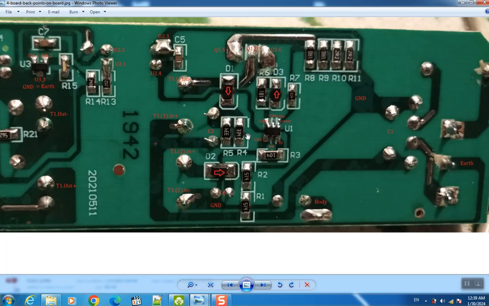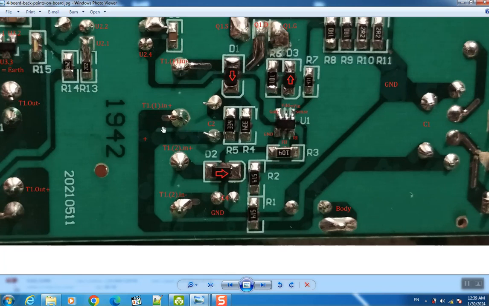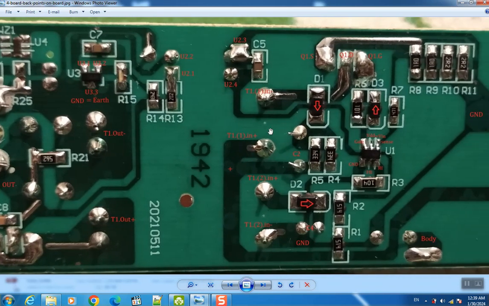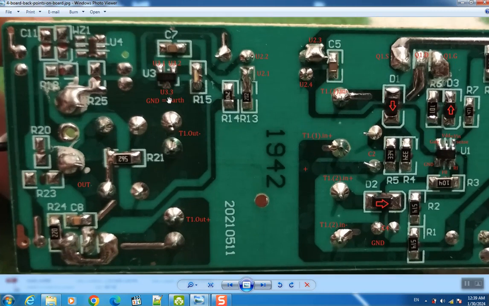So I edited the picture as I said before, and I have changed the schematic. And as you can see here, the pins, for example, S, D, and G pins are identified.